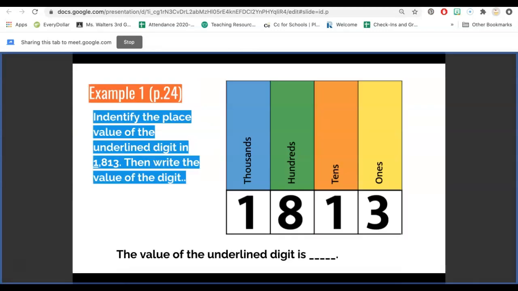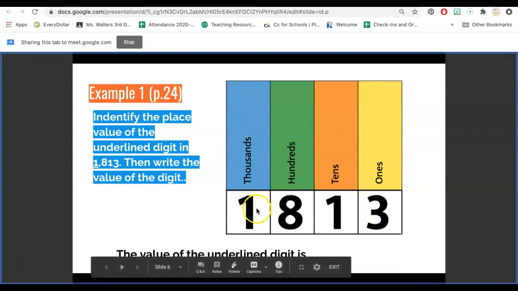So let's look at example 1 together. It is on page 24, and it says, identify the place value of the underlined digit in 1,813. Then write the value of the digit. So I have it here in a place value chart, 1,813.